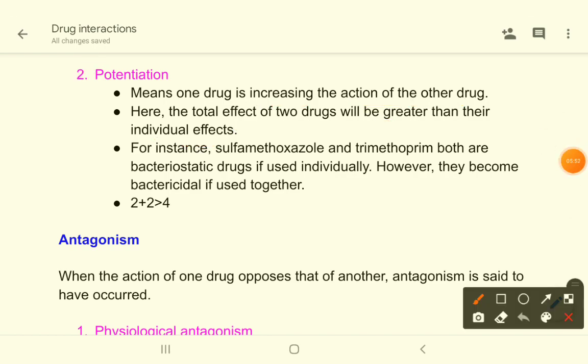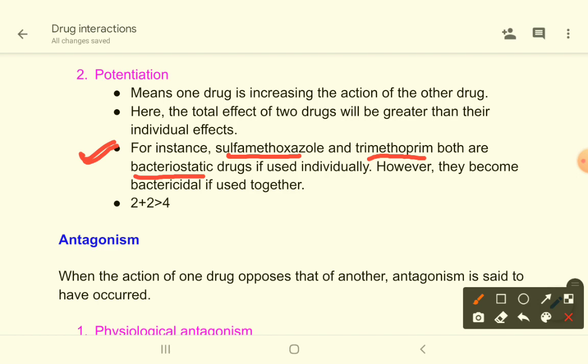Now let's take an example. For instance, sulfamethoxazole, which is an antibiotic, and trimethoprim, which is also an antibiotic. Individually, these drugs are bacteriostatic. When they work alone in a patient, they are bacteriostatic. Bacteriostatic means the antibiotics which do not kill bacteria, they just halt the progress of bacteria. They just prevent their growth inside the body.